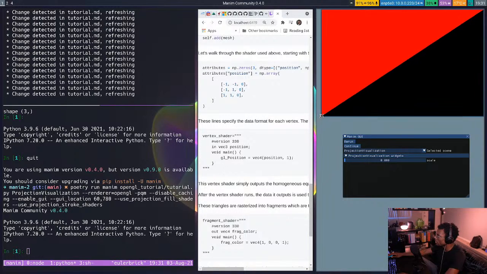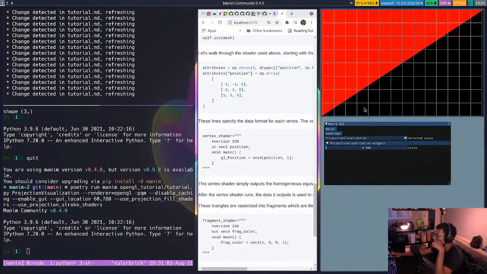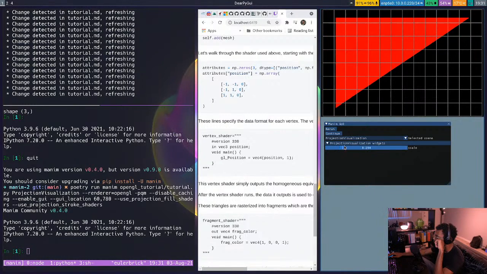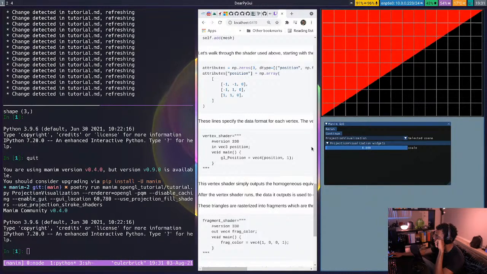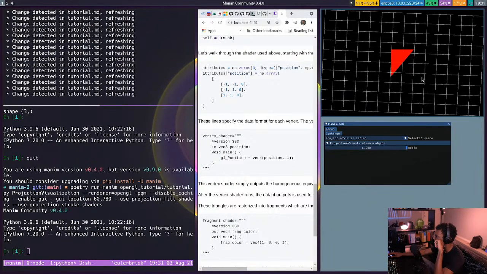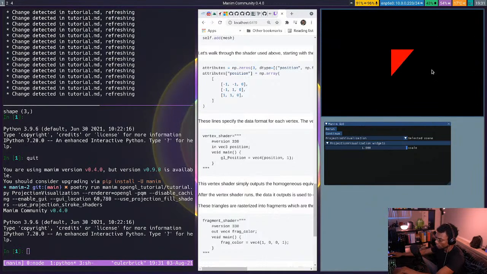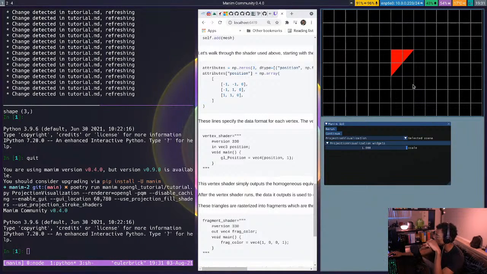Have a triangle here. And hopefully... Yeah, and you can see that it maps it directly into Manim space. Oh, that's not supposed to happen. Okay, because I'll have to disable that.